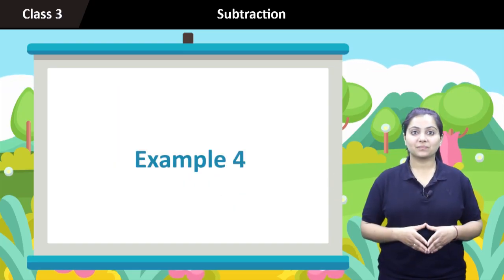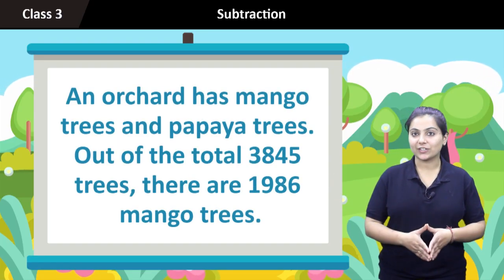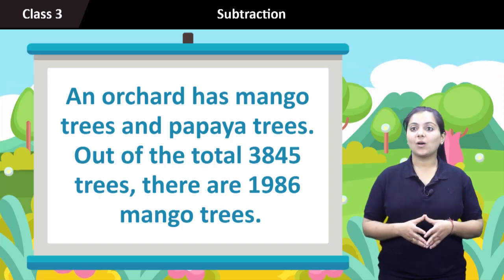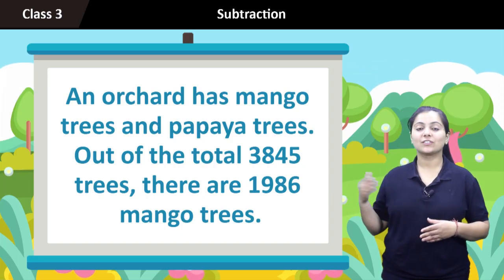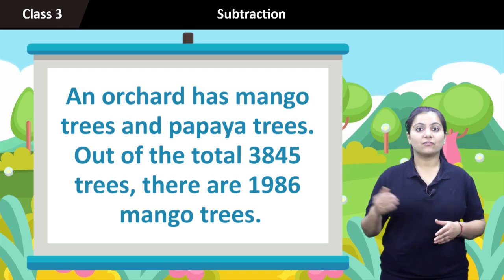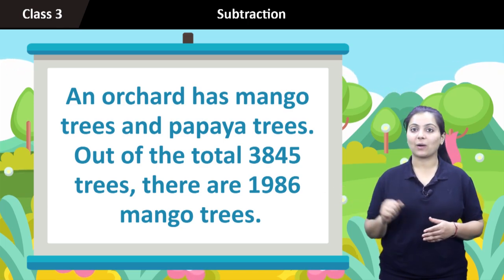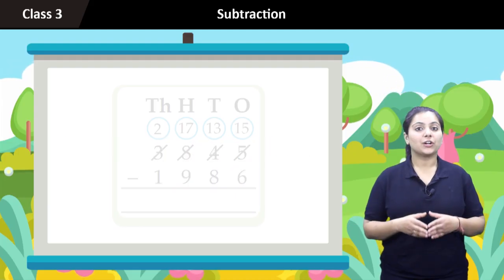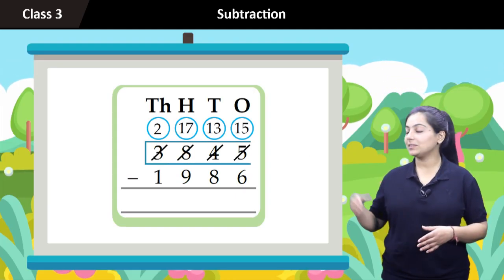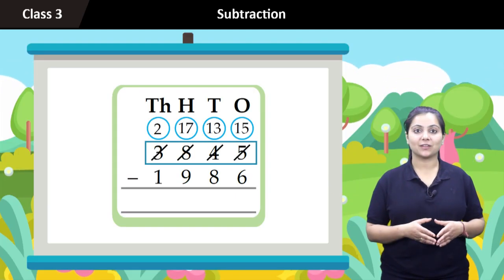Example 4. An orchard has mango trees and papaya trees. Out of the total 3845 trees, there are 1986 mango trees. How many papaya trees are there? Total number of trees is equal to 3845.